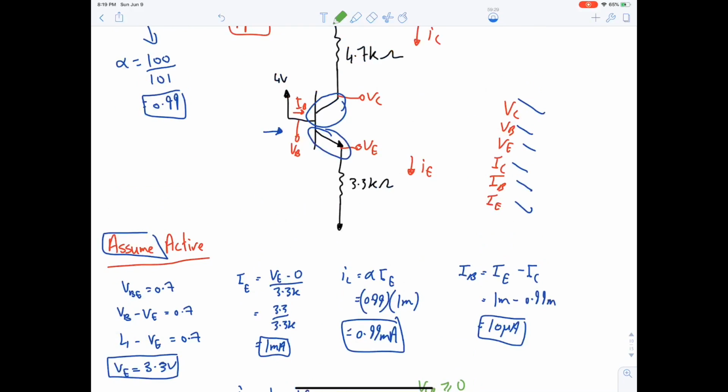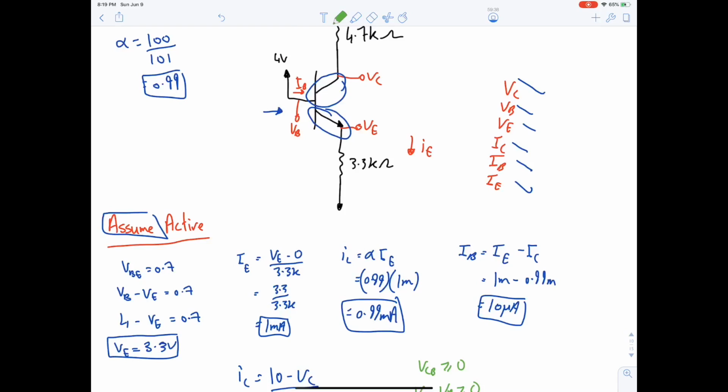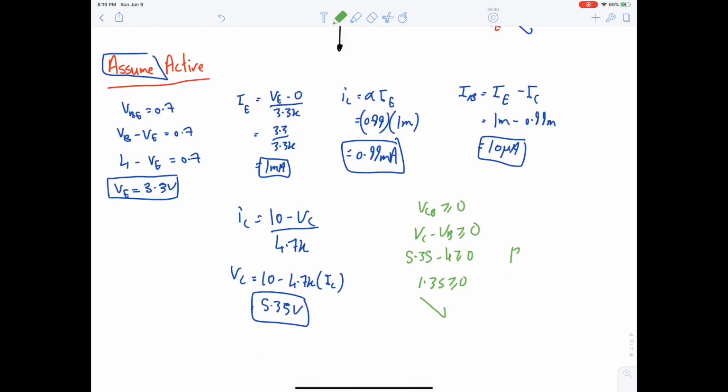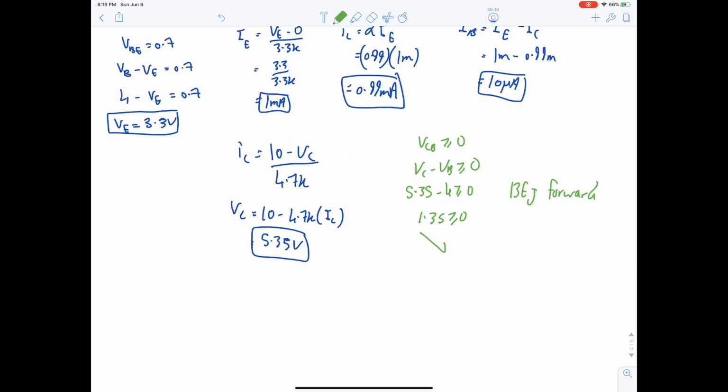Which junction is forward? It's the arrow. Hence, it will be 4 minus VE. It will be BEJ forward and CBJ reversed. This chapter is simple.